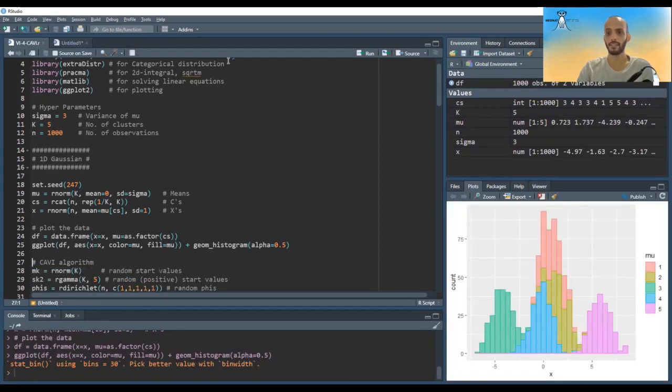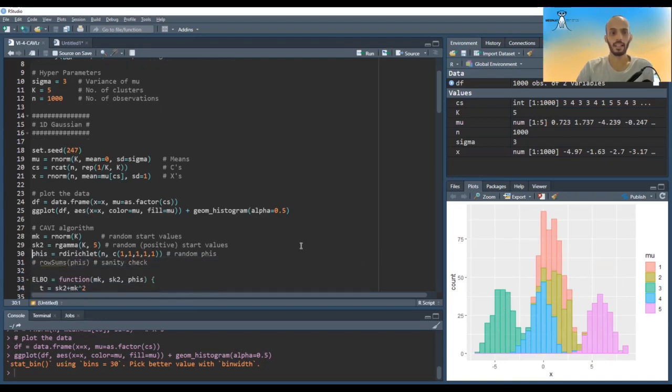This is the histogram of the different clusters that we had, colored by their clusters. Here we have a lot of points, and here also, here, here. The histogram colors show the cluster that each of the points belongs to.